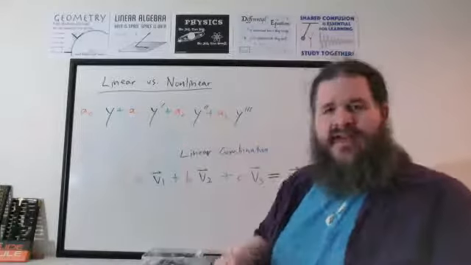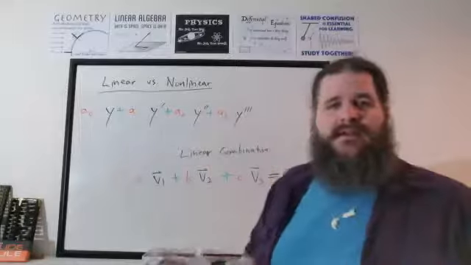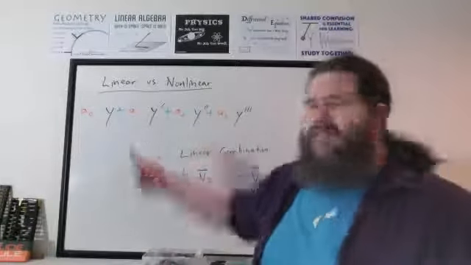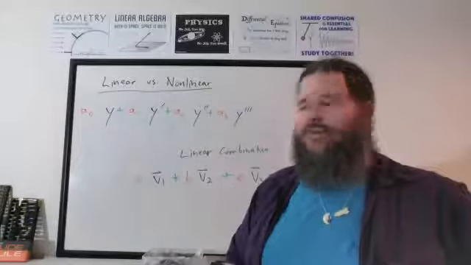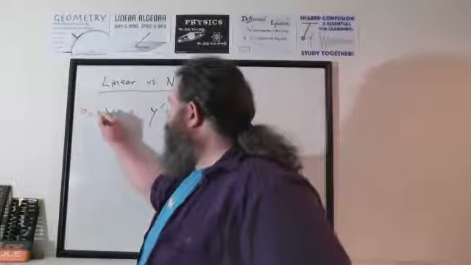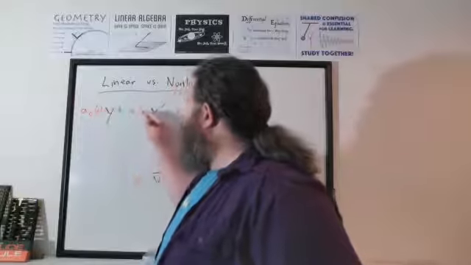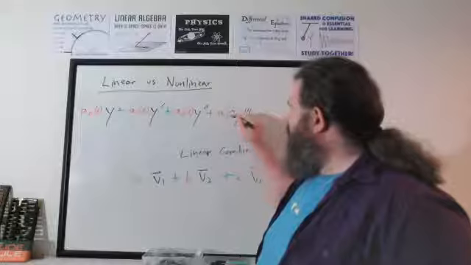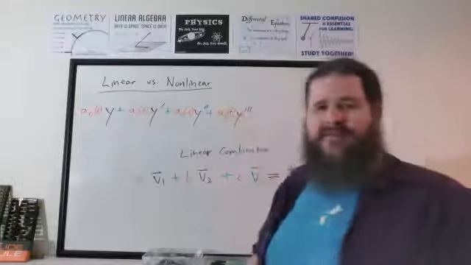The difference is the a's don't have to be constants. In fact, these coefficients don't have to be constants either. These a functions, a0, a1, et cetera, can be functions of t. They just can't have any y in them. They can be functions of t or x, whatever the independent variable is.